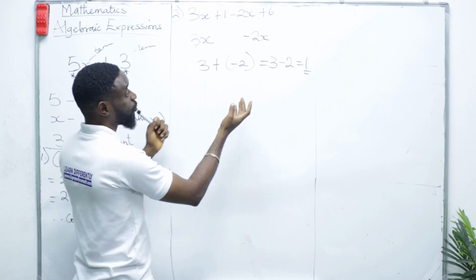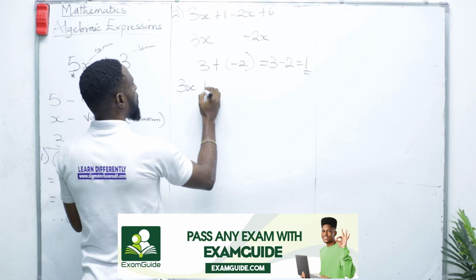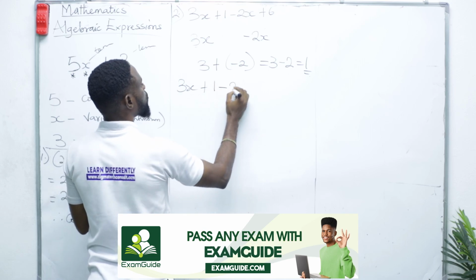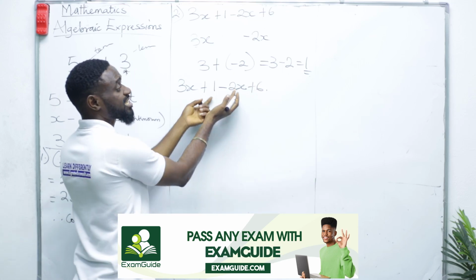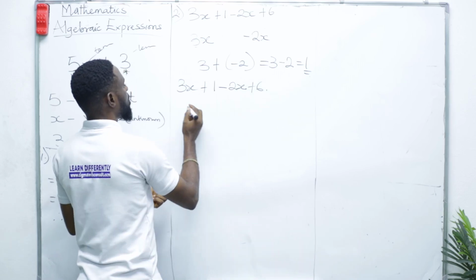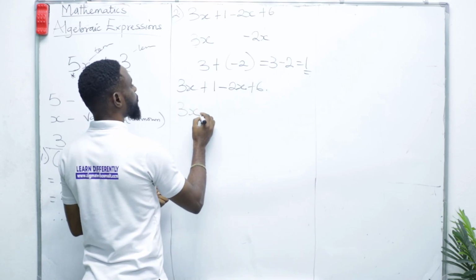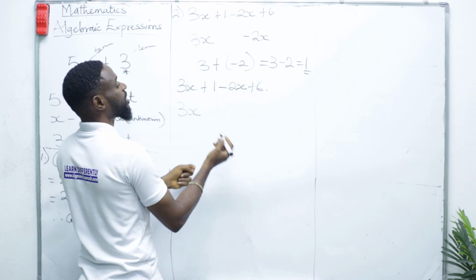We can also do it in this way. 3x plus 1 minus 2x plus 6. So we can decide to just simplify this expression. We simplify by grouping.